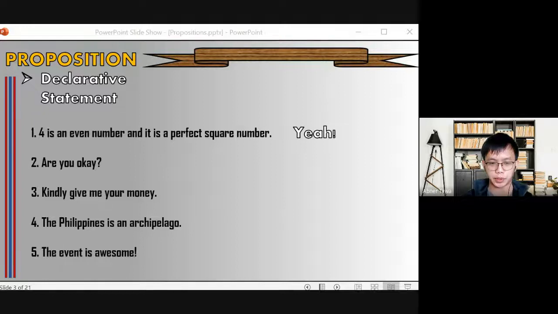Number 2 is not a declarative sentence because it is an example of an interrogative sentence. Okay? Very good, Mr. Morris. How about number 3? How about the others?